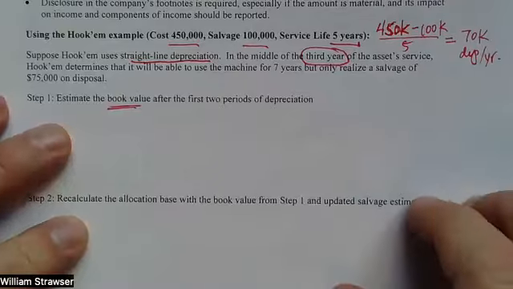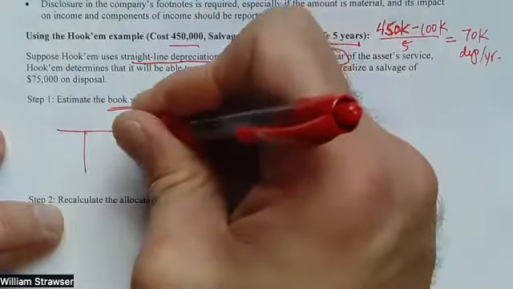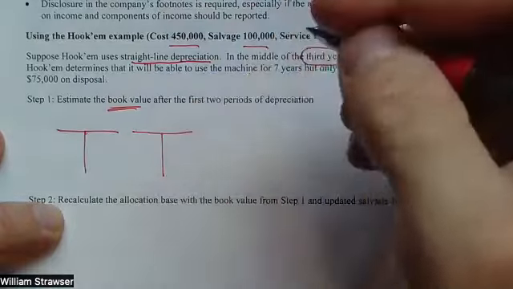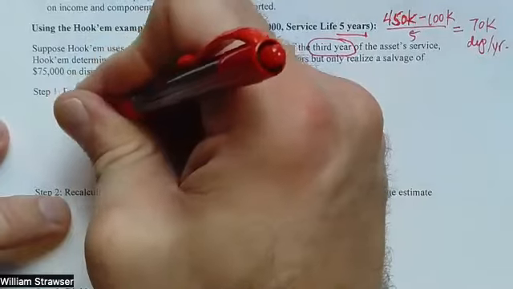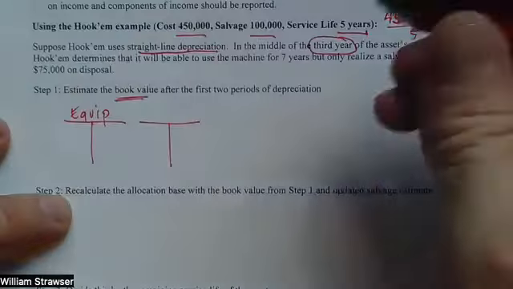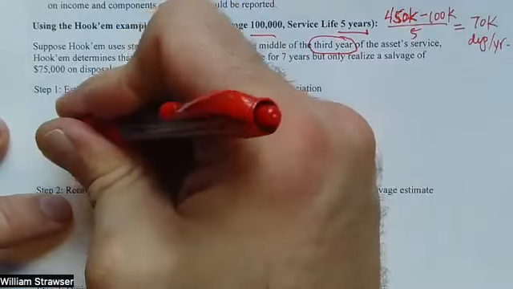So if I'm trying to figure out the book value after 2 years of applying that depreciation expense, here's what it would line up to be using T accounts, because they're always super useful. We'll just say it's equipment and accumulated depreciation. My historical cost doesn't change.